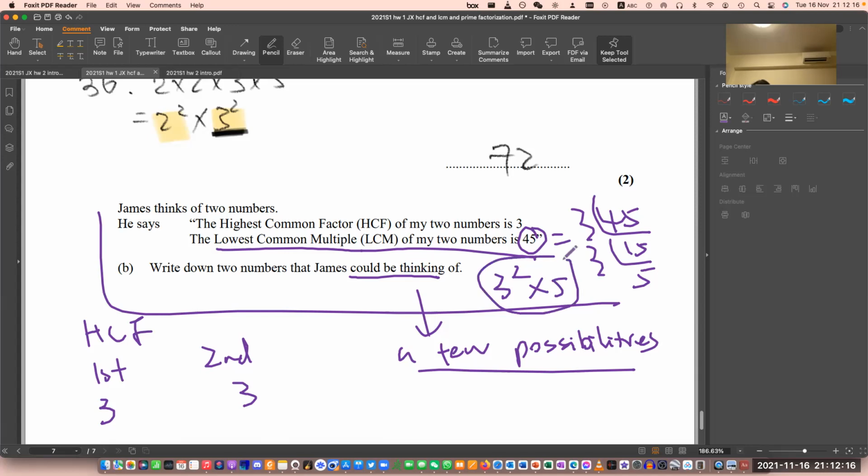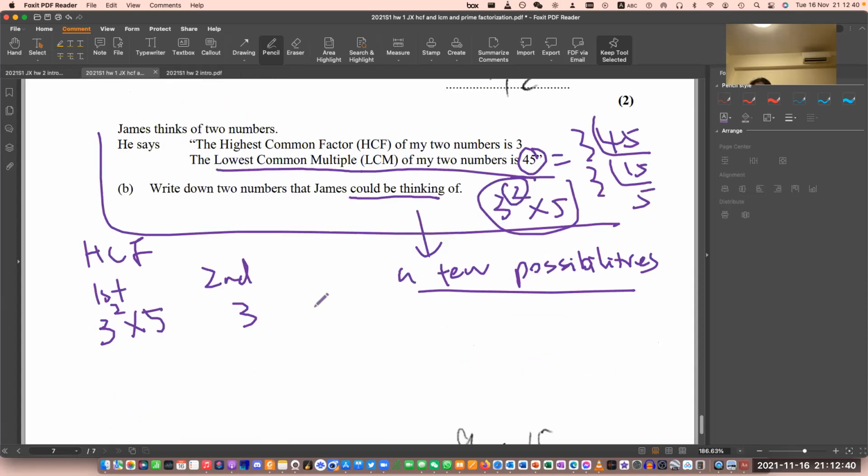So what this means is 3 and 5 are there. You could have put a 5 here, or you could have put the 5 for the second one. The 3 must have the highest power, right? So you could have put the 3 here, or you could have put the 3 here.